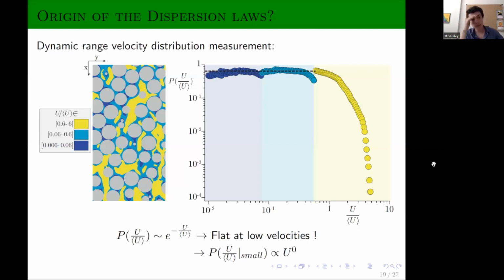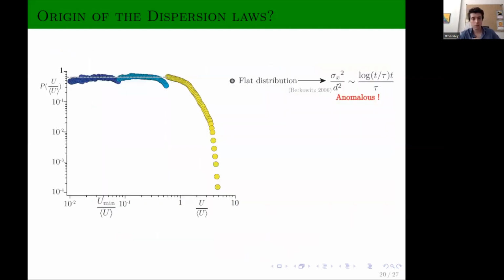And when we do this, what we see is that we have a distribution of velocity which is flat at low velocities. This is a very important result, because since the work of Berkowitz in 2006, where he investigated the kind of dispersion process that one should get theoretically from a flat distribution, he predicted that if you have a flat distribution of velocity at low velocity, the dispersion process should be anomalous at long time, going like t log t.